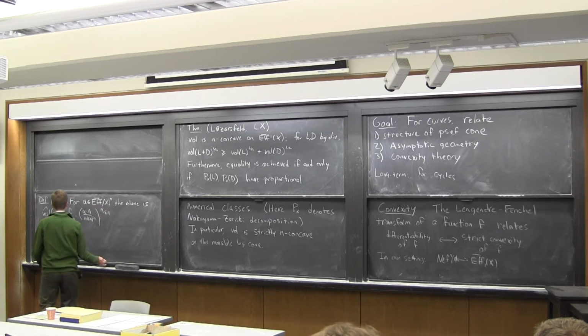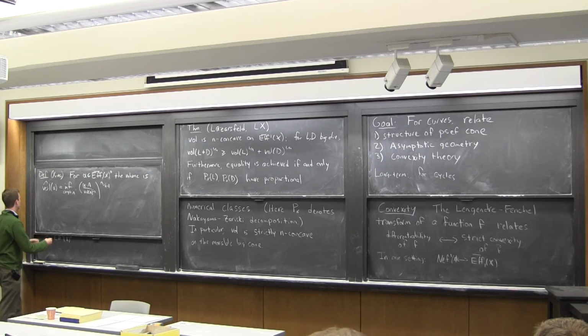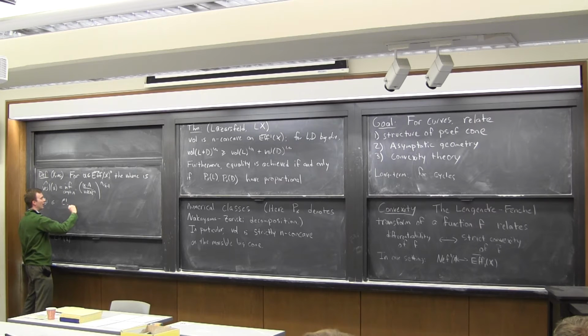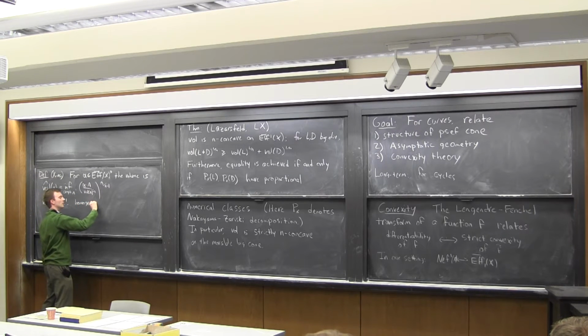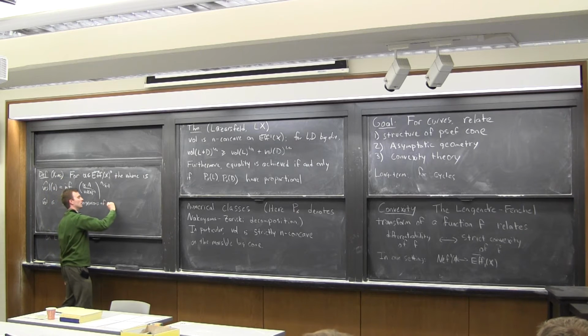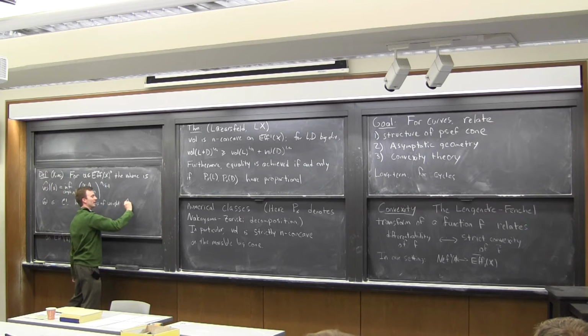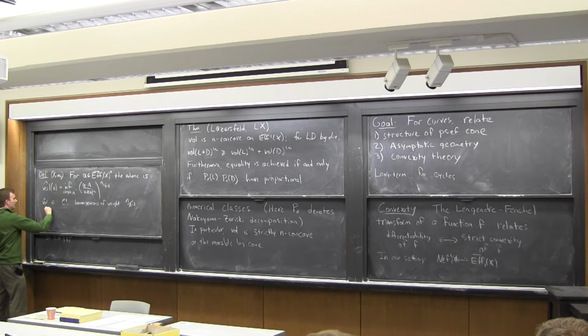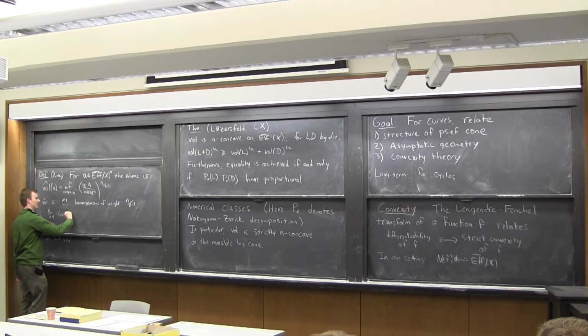So it follows, again, just from some general analytic theory, that this function is continuous. In fact, it's C1 on the big cone. It's homogeneous of weight n over n minus 1, and it's also n over n minus 1 concave, but not strictly.